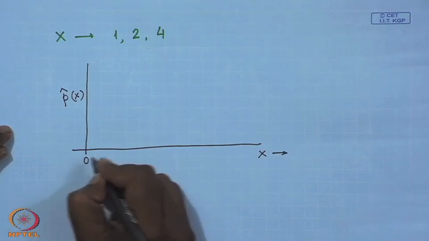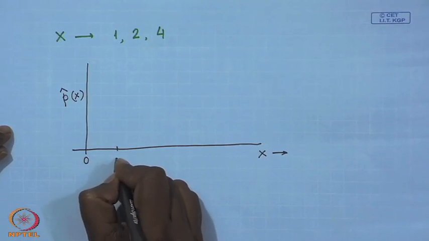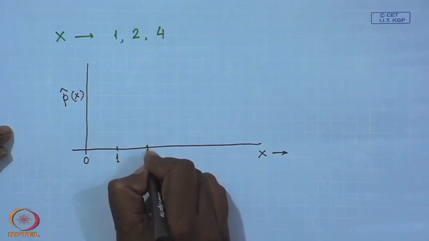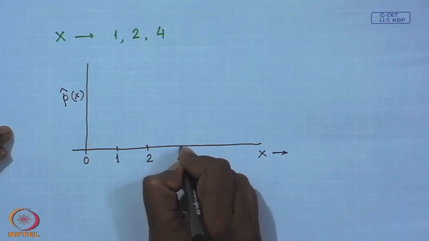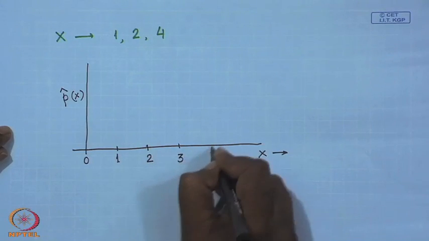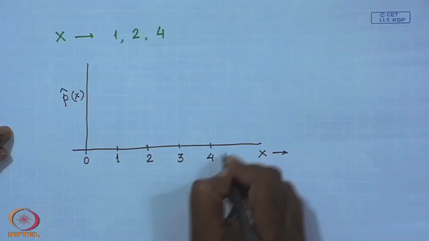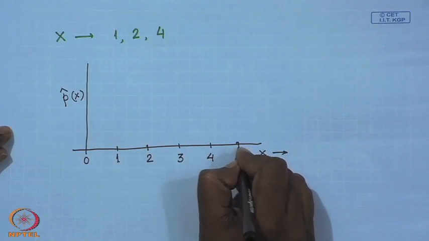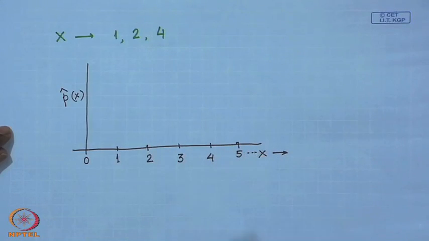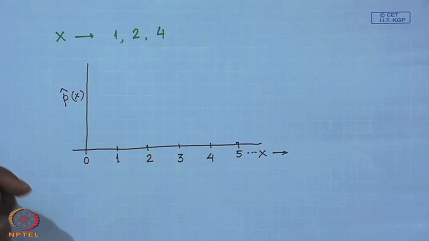So, this is 0, this is 1, this is 2, this is 3, this is 4, this is 5 and so on. And initially, I will use a rectangular window, and let me assume that the width of the rectangular window is equal to say 2. Okay.